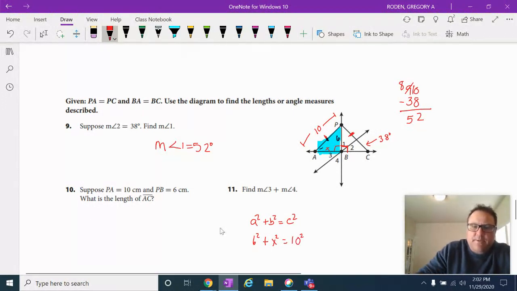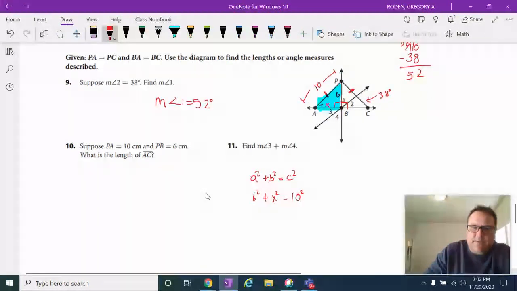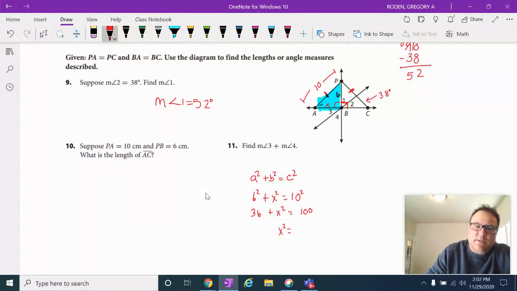All right. So now we have 6 squared, that's 36, plus x squared equals 10 squared, which is 100. Then x squared equals 100 minus 36, which is 64. So we can say x equals 8. If we know this is 8, what else do we know?